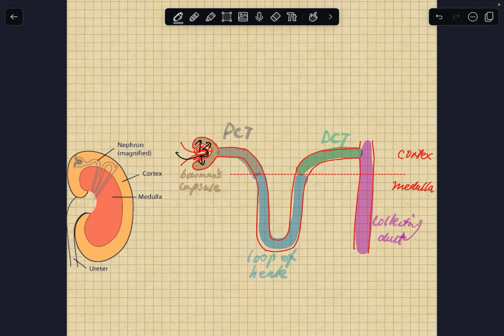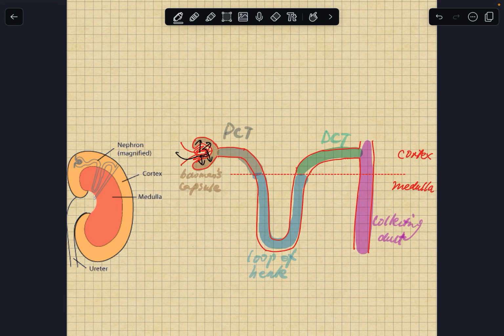Then excessive fluids and also unwanted toxins will enter Bowman's capsule either through diffusion or ion transporters, right? So anything basically smaller than glucose can enter, okay? Things like amino acids, ions like sodium, potassium, phosphate, all these things can enter Bowman's capsule, and of course water as well, okay?